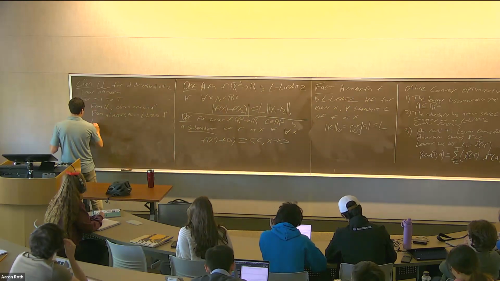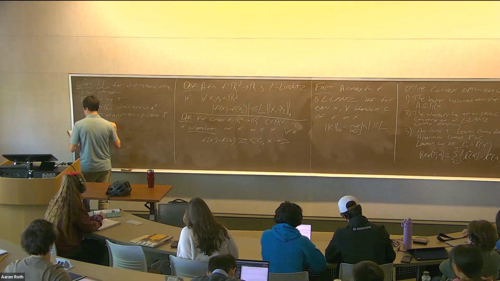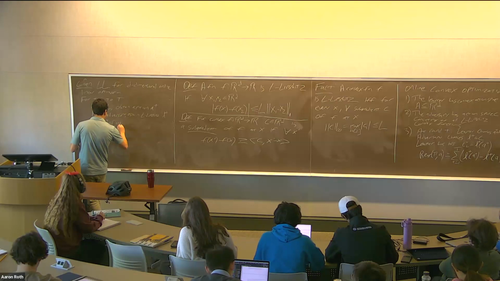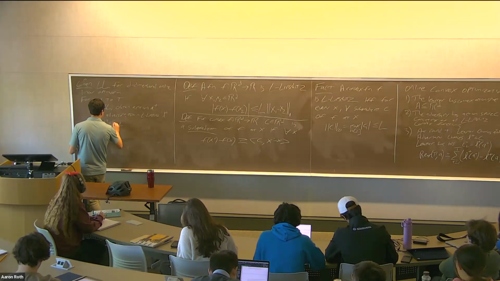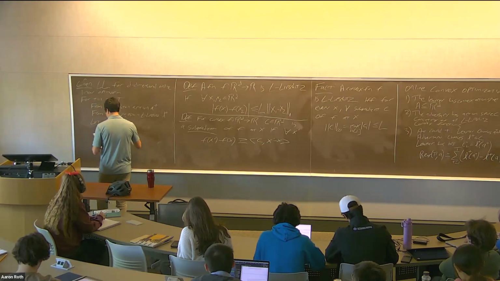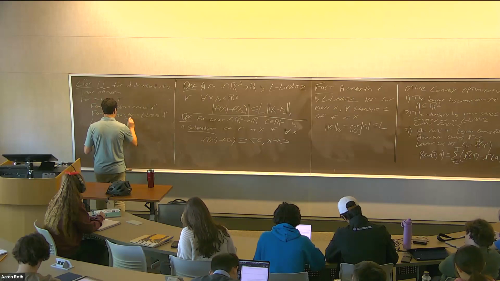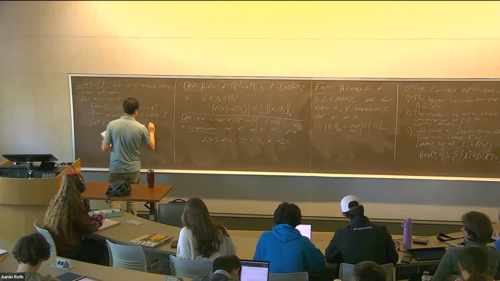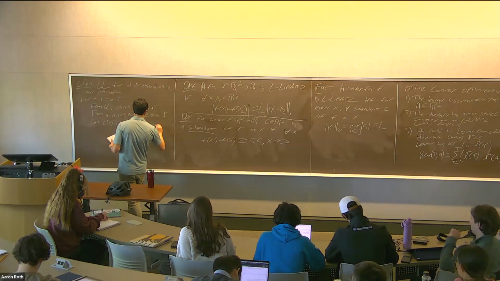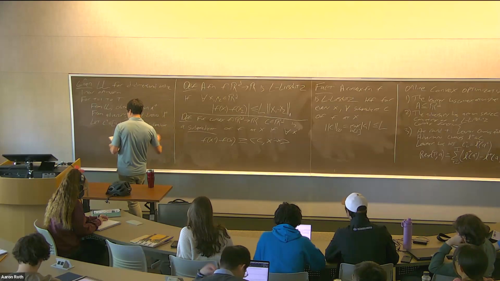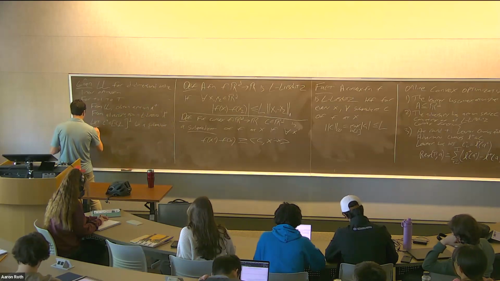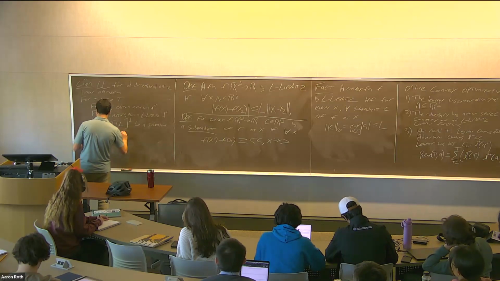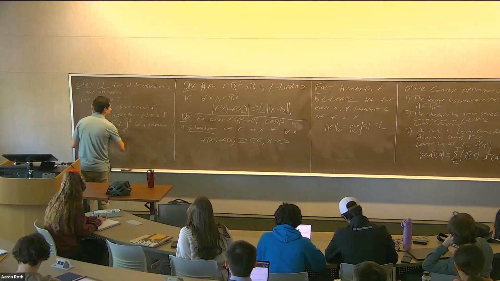Let c_t be a vector in [-L, L]^d, in which every coordinate is between minus L and L. Let this be a subgradient of the loss at A_t.